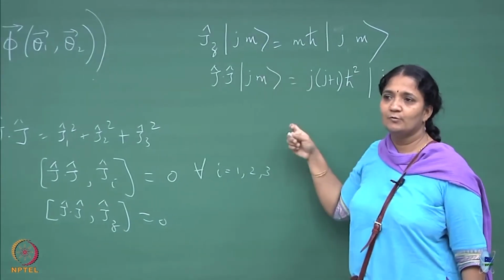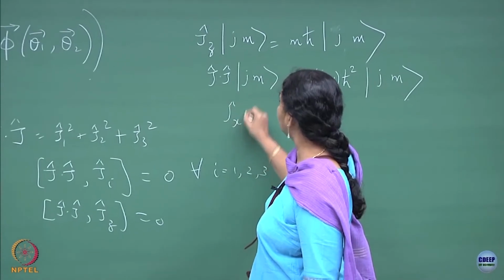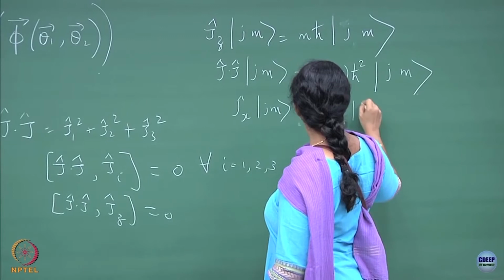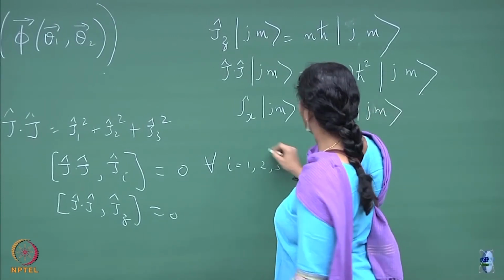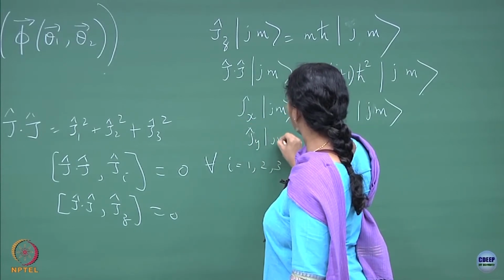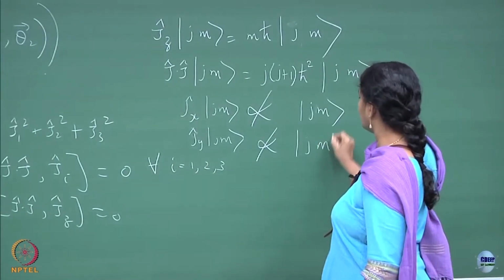Both are eigenvalue equations, but if you do Jx on |jm>, it is not proportional to |jm>. Similarly, Jy is not proportional to |jm>. Is that clear?